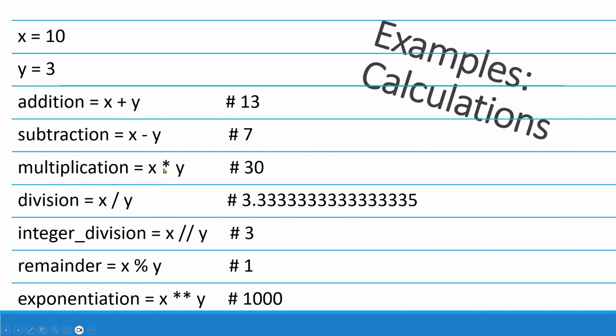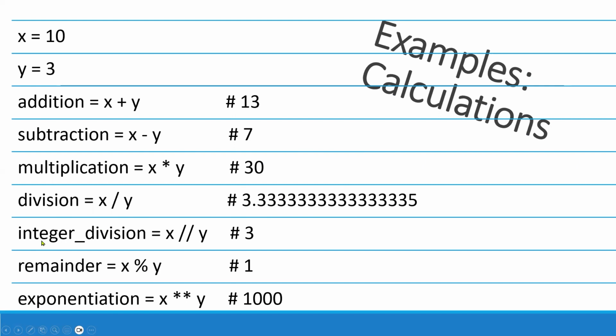Multiplication will be x asterisk y, that means x times y, that'll be 10 times 3, that'll be 30. Division will be x slash y, so 10 divided by 3, and it'll give me a float. This will be the output, which is 3 point and then a whole bunch of 3s.